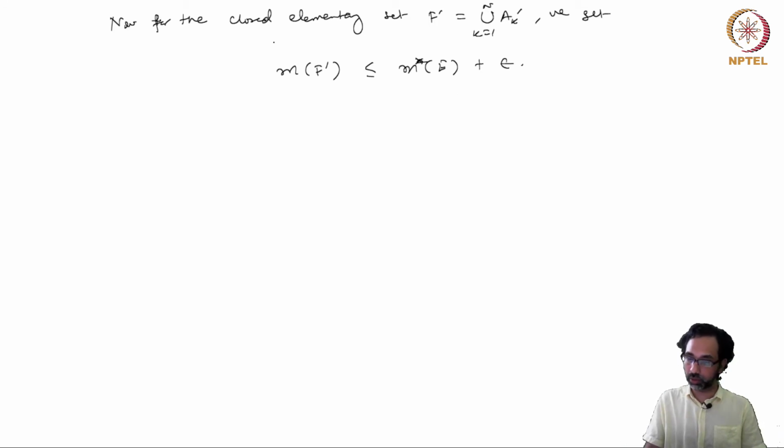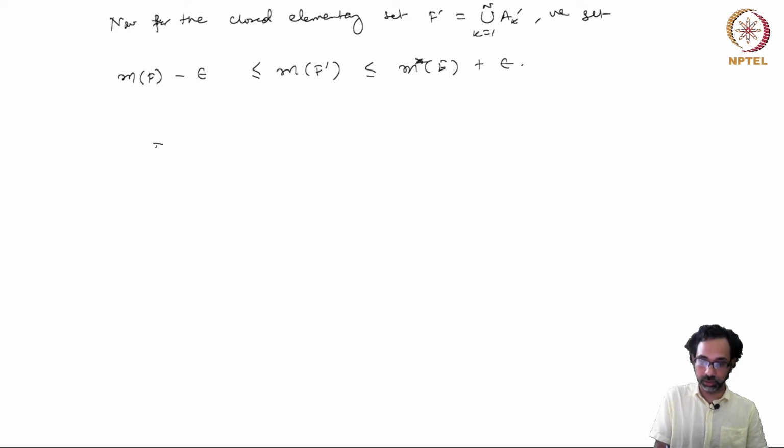So for the closed elementary set F prime, we can write this inequality, and M of F prime is then bounded below by MF minus epsilon. So this implies that MF is bounded above by M star E plus 2 epsilon.